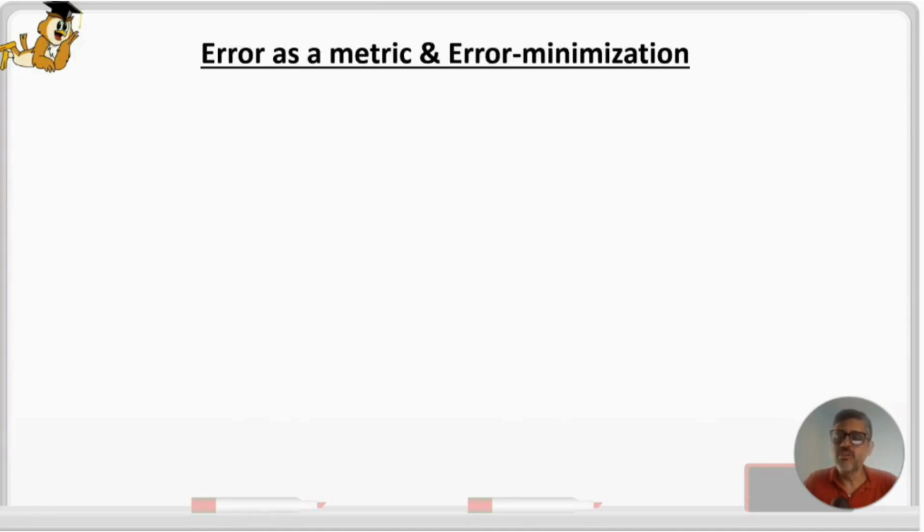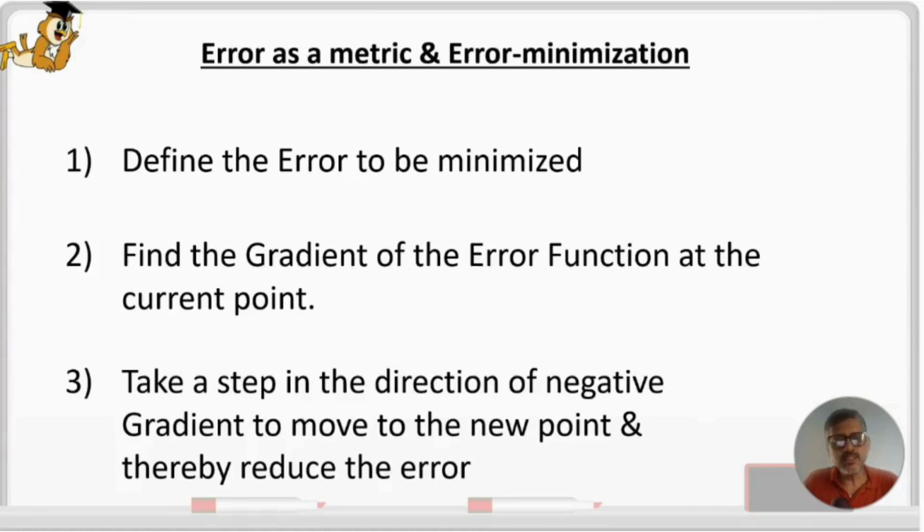If we are able to define the error as a metric, then error minimization becomes a reasonable goal to find the best possible solution. Using error as a metric basically worked as follows. We had to define the error function that represented the error that had to be minimized.